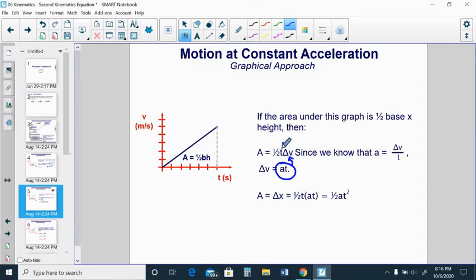That's that right there. And we subbed this in here. And then we just have to use the distributive property. And what we end up with is the area is equal to half acceleration times time squared.